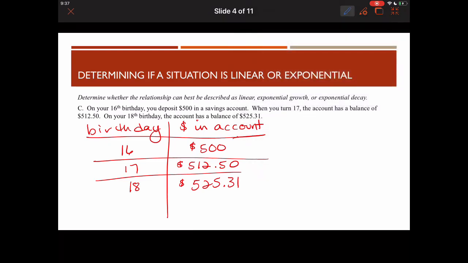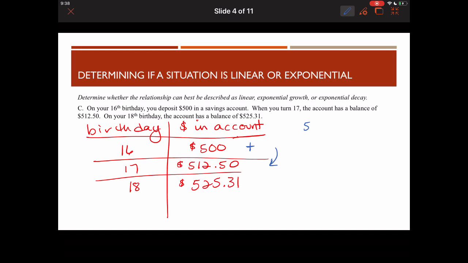So same thing as before. Is it linear, exponential growth, or exponential decay? Can I add or subtract a number every time to get the following number? So I'm going from 500 to 512 to 525, right? If it were linear, I'd be adding a number. So what can I add to 500 to get to the next number?